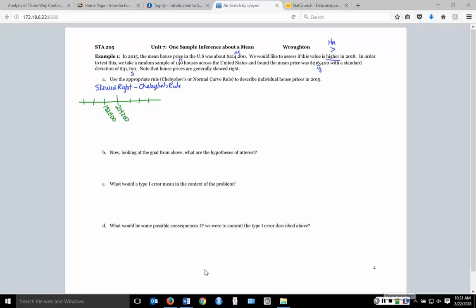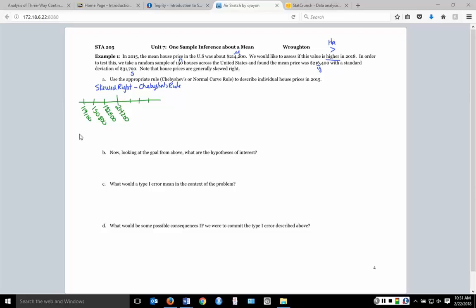And so as I'm going to the left here, I got $182,500. Subtract off another $31,700, and I get $150,800. And subtracting it off one more time, I get $119,100.